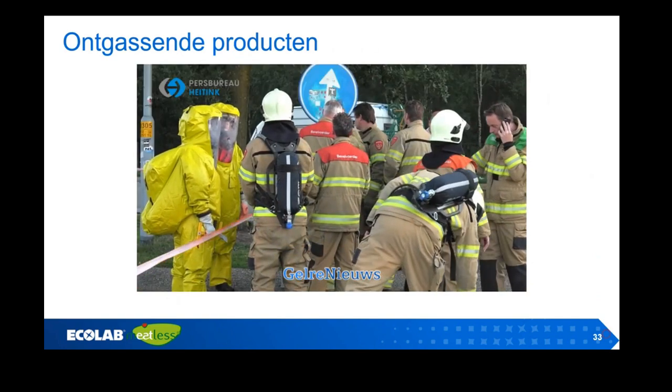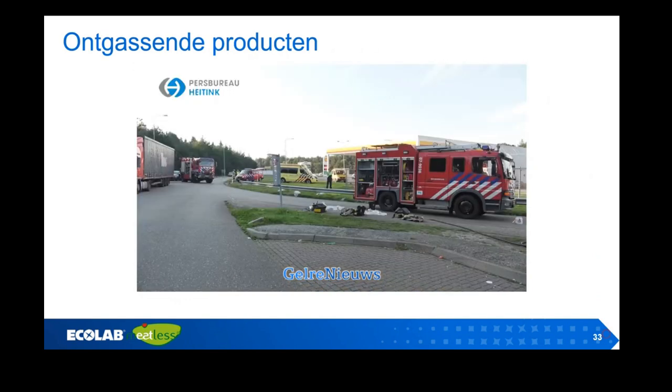And it was near a gas station, so the gas station was also affected. So just to let you see, this can happen if products are combined or are not degassed. It was not an Ecolab product. No, I don't think so. I don't know for sure. I hope not.